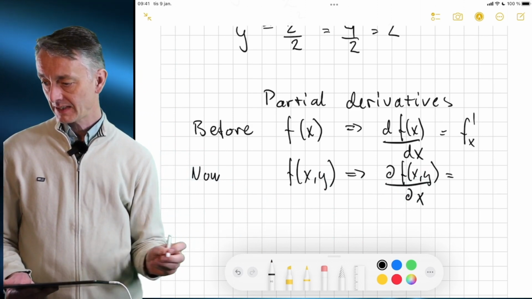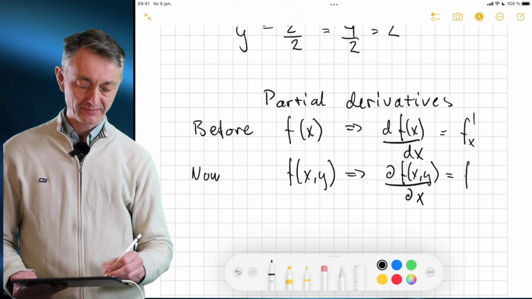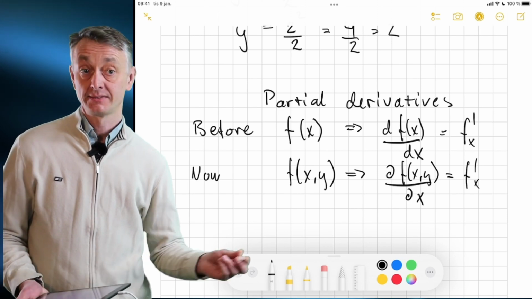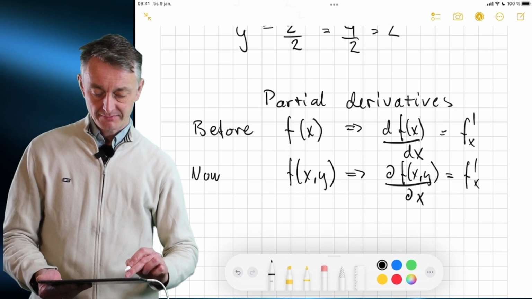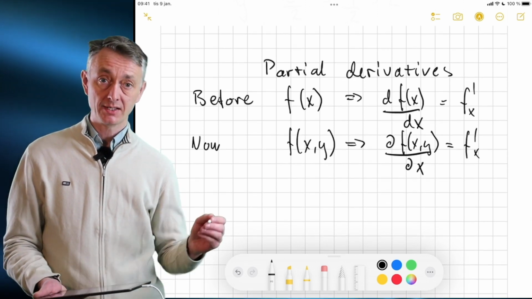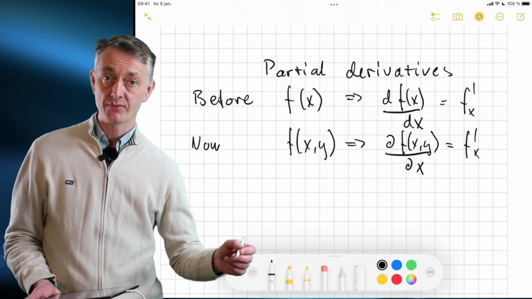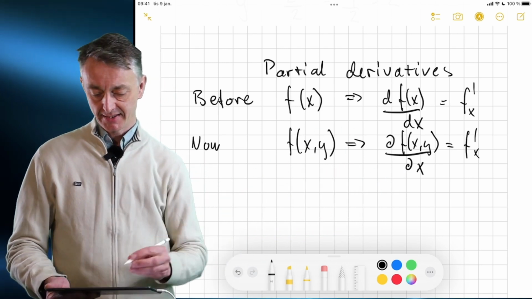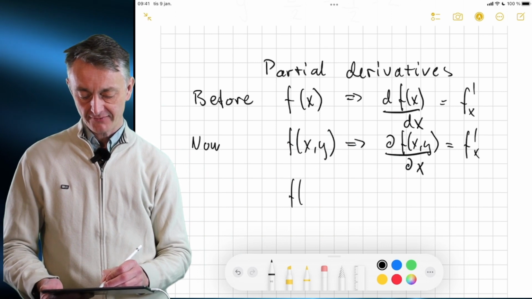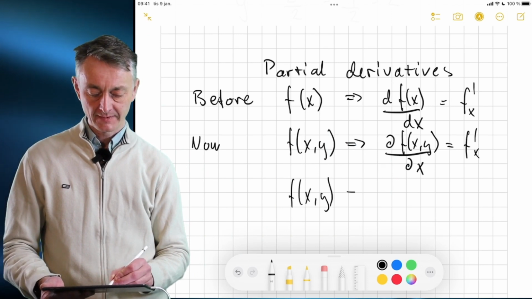The alternative notation for that is also f prime of x. And of course, if we are looking at the partial derivative with respect to y, because this was with respect to x, it will be the following: f of x, y.